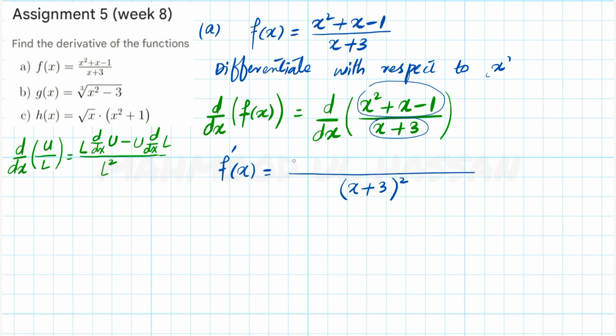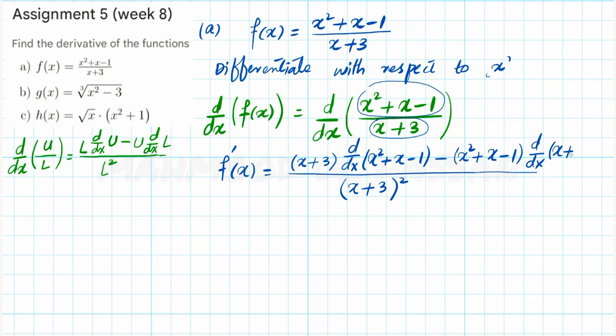And now in the numerator, we keep x plus 3 as it is and take the derivative of the upper, that is d over dx of x squared plus x minus 1. And then minus sign, we keep the upper as it is, that is x squared plus x minus 1, and we take the derivative of the lower, that is d over dx of x plus 3.